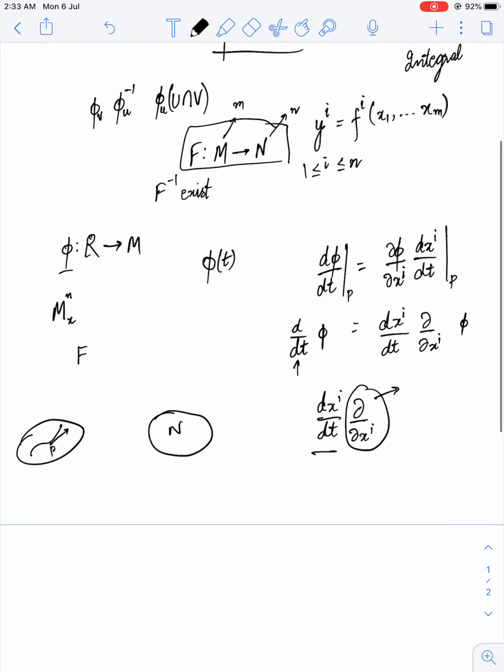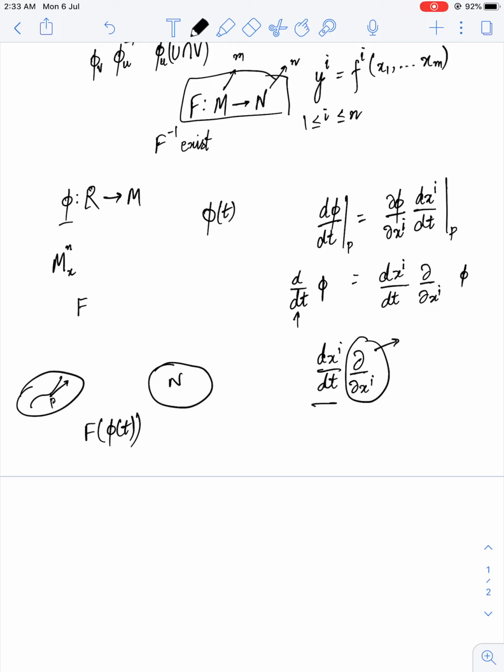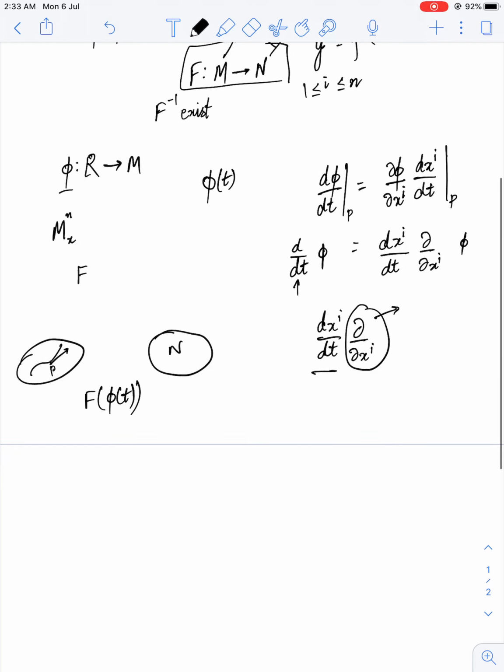It's nothing so special. You simply take f of phi of t. Yep, that's all there is. Sorry, I made a mistake back there. For vectors you need to get the idea of what is contravariant.